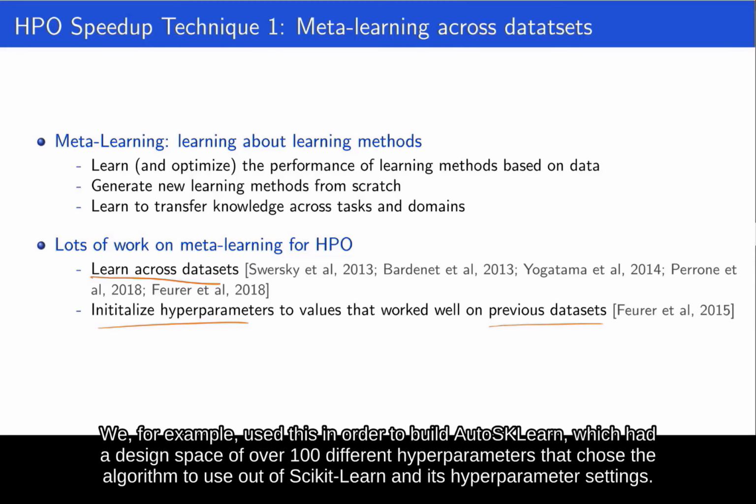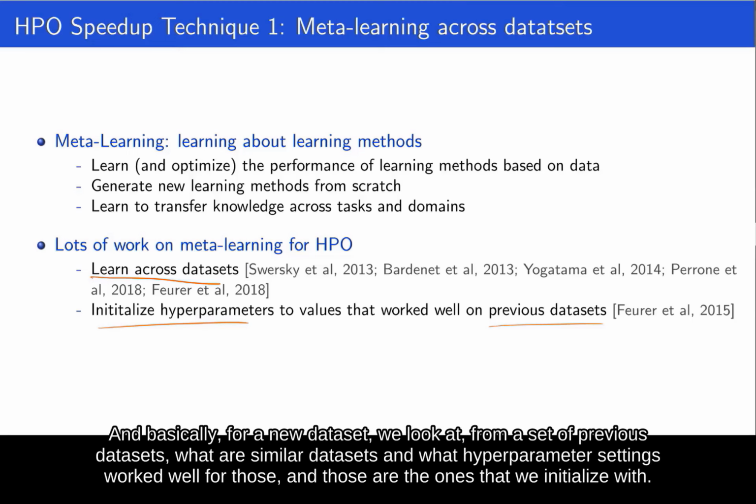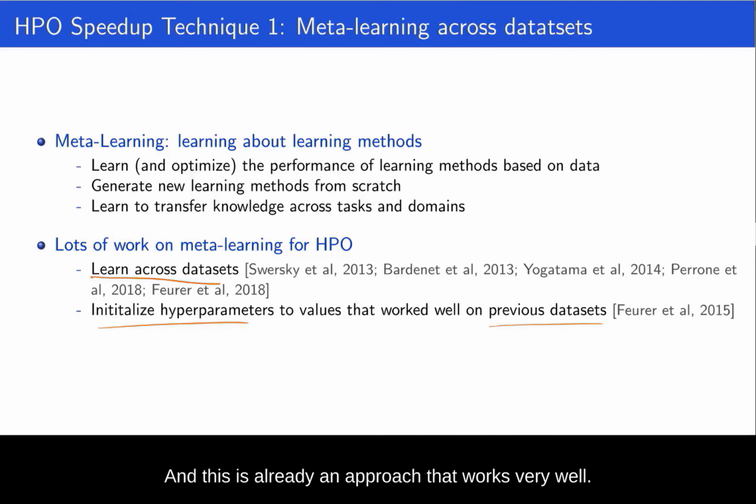We, for example, used this in order to build AutoSKLearn, which had a design space of over 100 different hyperparameters that chose the algorithm to use out of scikit-learn and its hyperparameter settings. Basically, for a new data set, we look at, from a set of previous data sets, what are similar data sets and what hyperparameter settings worked well for those, and those are the ones that we initialize with.